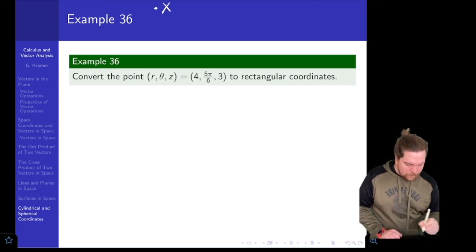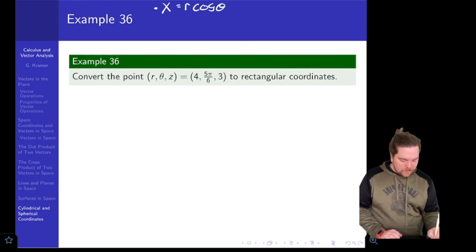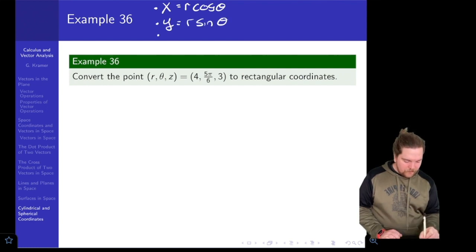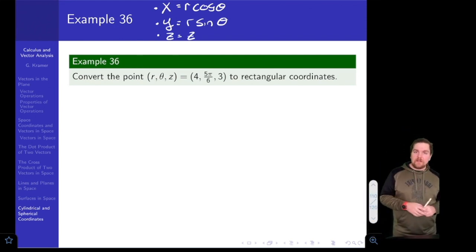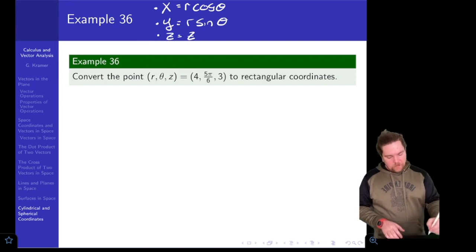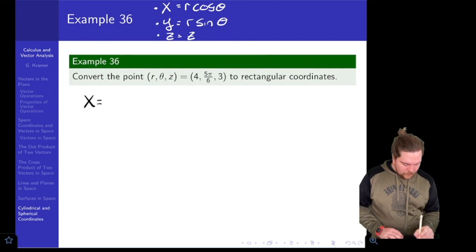So if we're going from cylindrical to rectangular, x is just going to be r cosine of the angle theta, y is going to be r sine of the angle theta, and z is going to be equal to z. I think that's easy enough to see. So if we want to come up with the x value, x is going to be r cosine of the angle theta.